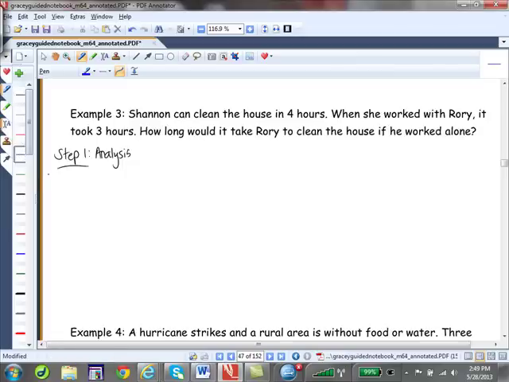So let x be the number of hours it takes Rory to clean the house alone.